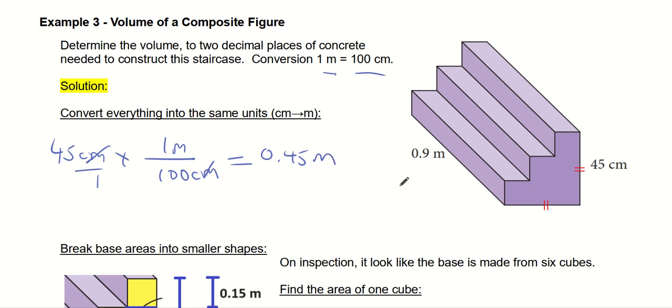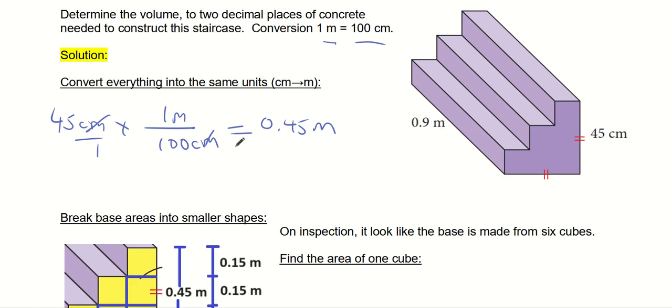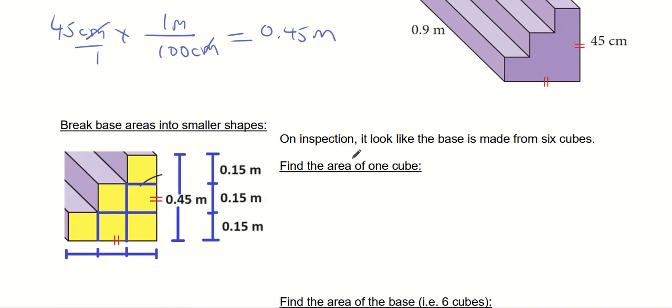The next part to this problem, again, we're trying to find the volume of this staircase here. You should probably break up this part here into smaller shapes. The assumption I made in this case was that the height, or length and width, is about 0.45 meters, but it looks like they're cubes here.